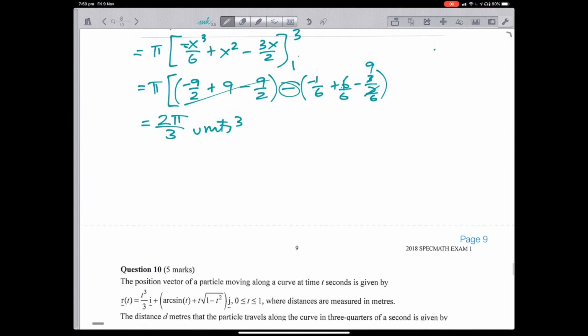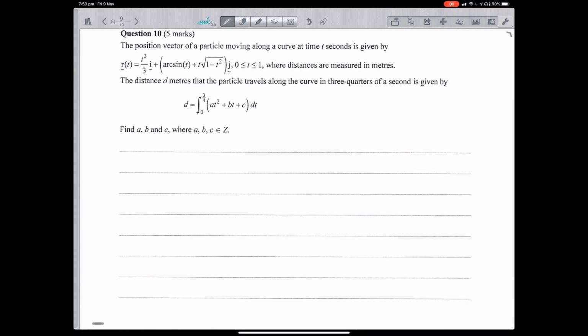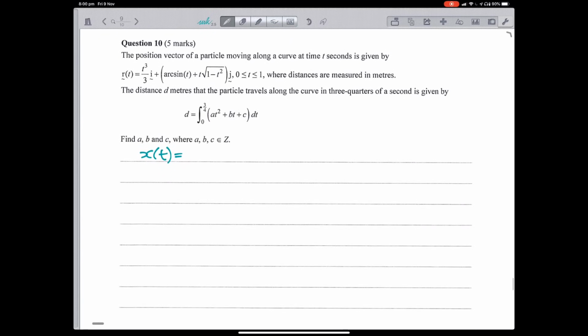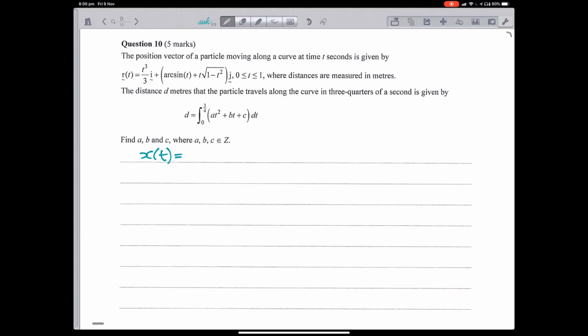Okay, I did answer everything else, didn't I? The position vector of a particle moving along a curve is given by that. So x of t, another parametric one, all ends up being t cubed on 3.